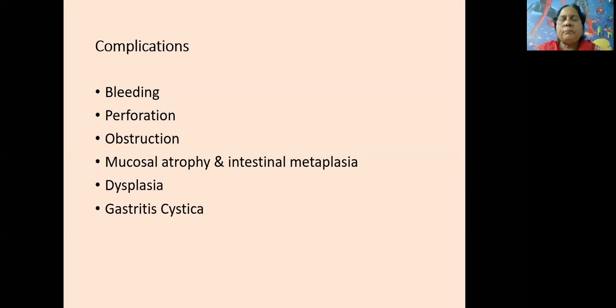And a punched out ulcer has 4 layers at the ulcer base. Complications are mainly bleeding and perforation, and mucosal atrophy and intestinal metaplasia leading on to dysplasia.